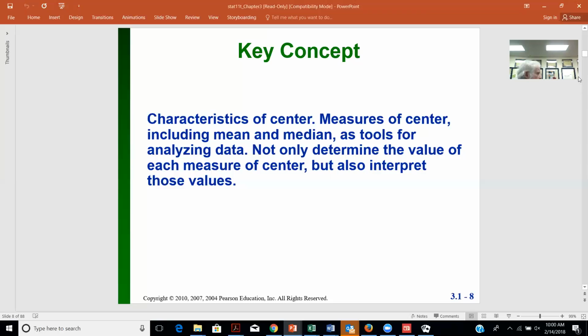You can have multimodal data sets. You can have more than one mode. If there are 2 of them, we call it bimodal. If there are more than 2, we call it multimodal. It's sort of like the old counting system that is used in some of the primitive societies, some older societies, where they have 3 numbers: 1, 2, many.